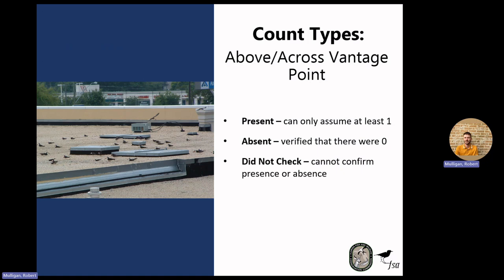Marking absent indicates that you were able to verify that there were 0 nests or chicks in the colony. If you can't confirm presence or absence, for example, it's a hot day and you suspect chicks may be present but are hiding behind or under structures on the rooftop, report back "did not check."